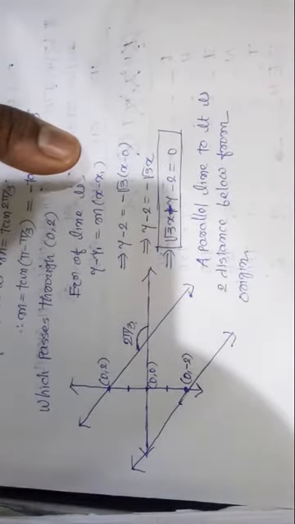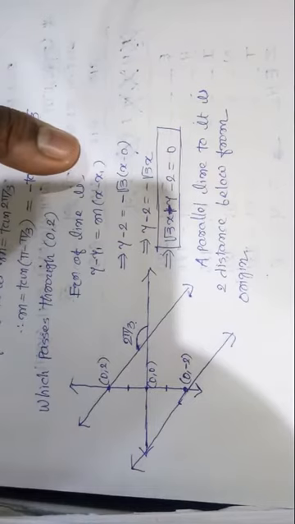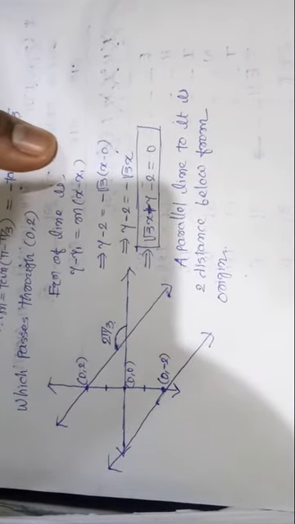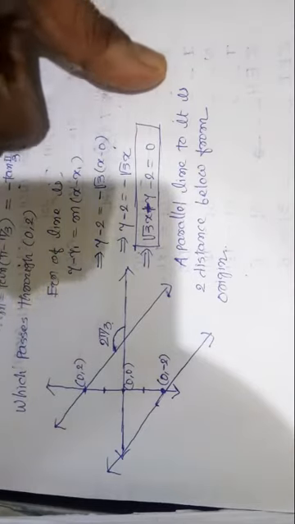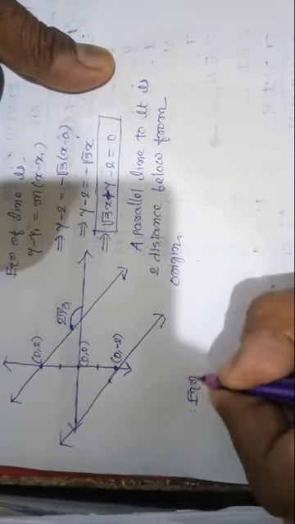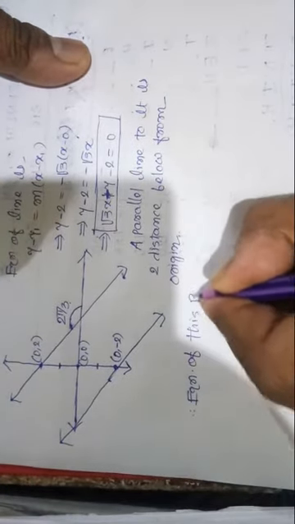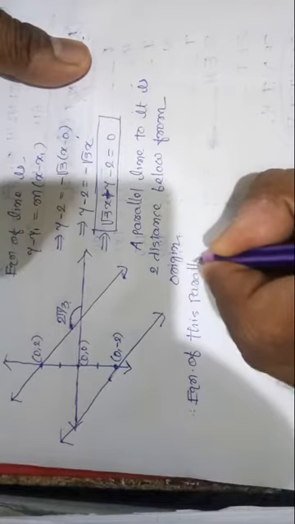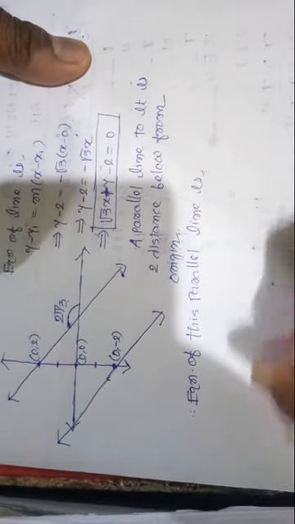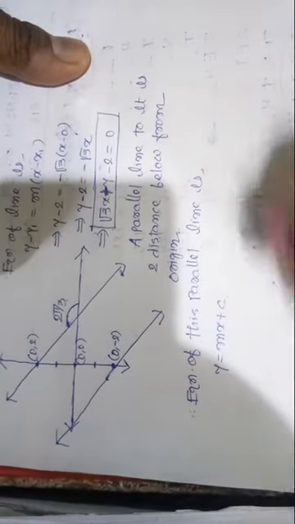It means the y-intercept is -2 and the slope is the same, because it is a parallel line. So the slope of this parallel line is again -√3. Therefore the equation of this parallel line is y = mx + c.